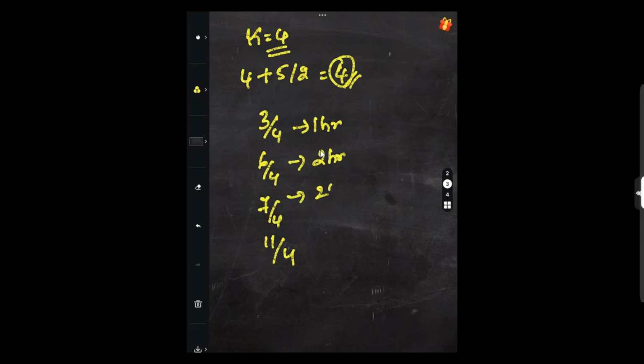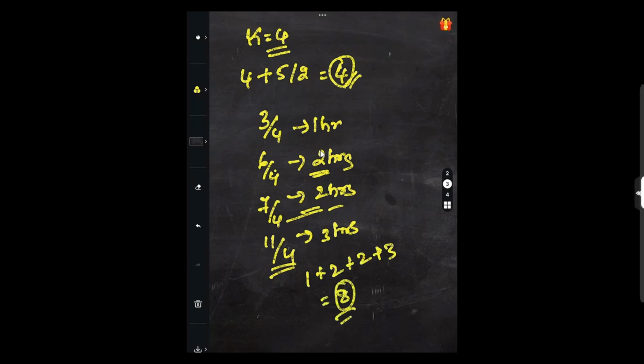For 6 by 4 we get 1.5 something. We are making use of the math.ceil, so we'll consider 2. Same goes with 7 by 4 and 11 by 4 as well, 2 hours and 3 hours. So finally, we can write in this way: 1 plus 2 plus 2 plus 3, nothing but 3 plus 4, 7, and the final answer will be 8 here.